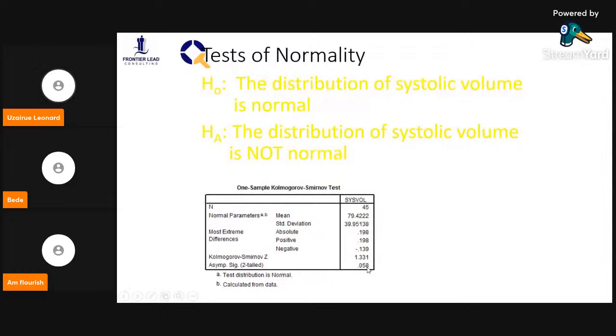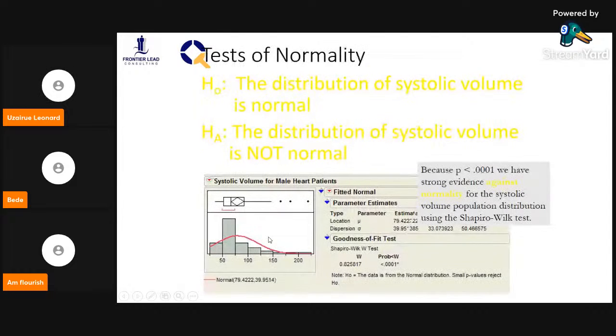This is 0.058 because it's greater than 0.05. So if we have to follow this particular test, this test is telling us that it's normally distributed. But we know that merely looking at it, these plots have already told us that it's not normally distributed.